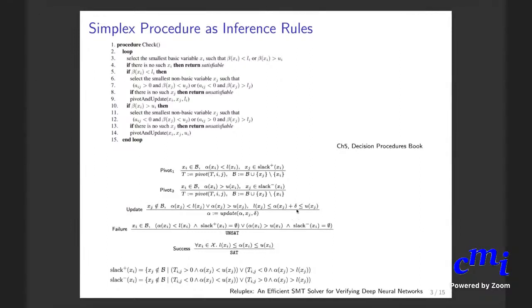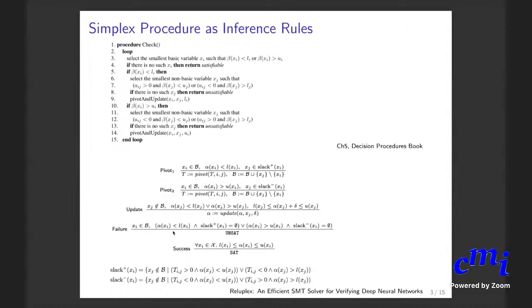That is the delta it computes, and then it updates the leaving non-basic variable xj. That is shown here separately. Then there are two rules to check whether you terminate with a failure or terminate with a success.